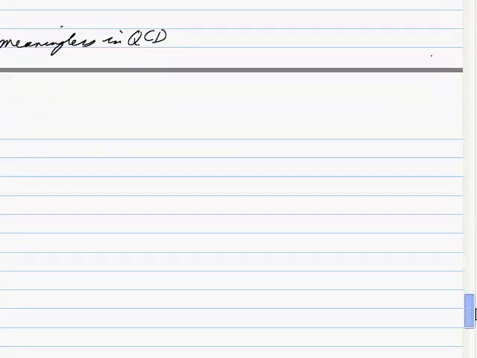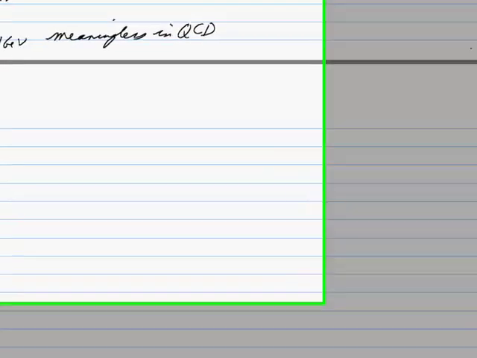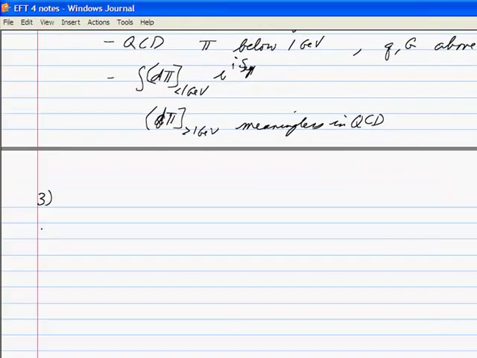So this is the way almost everybody thinks about pions and QCD. However, the subtle point is that it's not actually done in practice. Okay. And that's what causes the troubles most of the time.